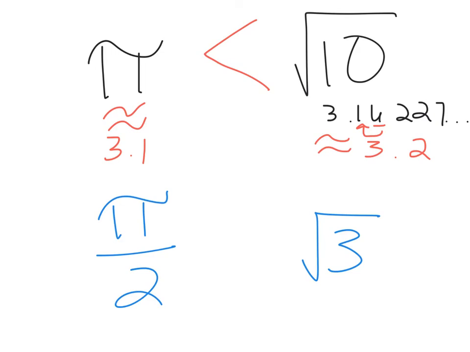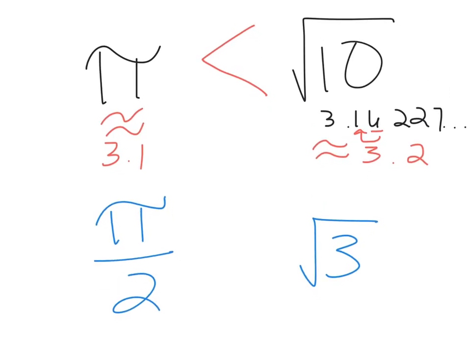Now, next thing I want to talk about is pi over 2. Not only do we have to talk about what the decimal approximation is, we also have to talk about the fact that, wait a second, you have pi in a fraction. You said that rational numbers could be written as fractions. But remember, I also said there were exceptions, and here's one of them.